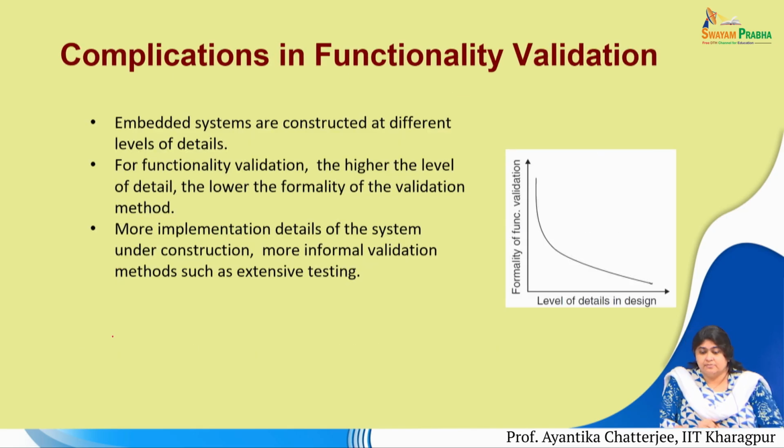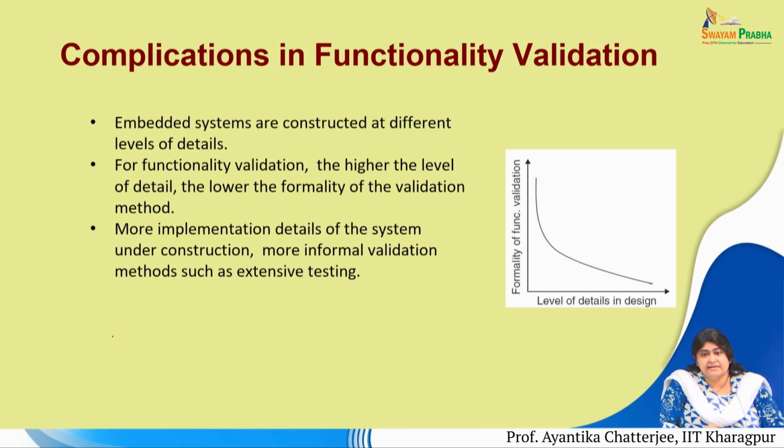Now, we should understand briefly what may be the complications in functionality validation. First of all, let us quickly recap what we have discussed with our finite state machine concept. We have seen the concept of hierarchy.